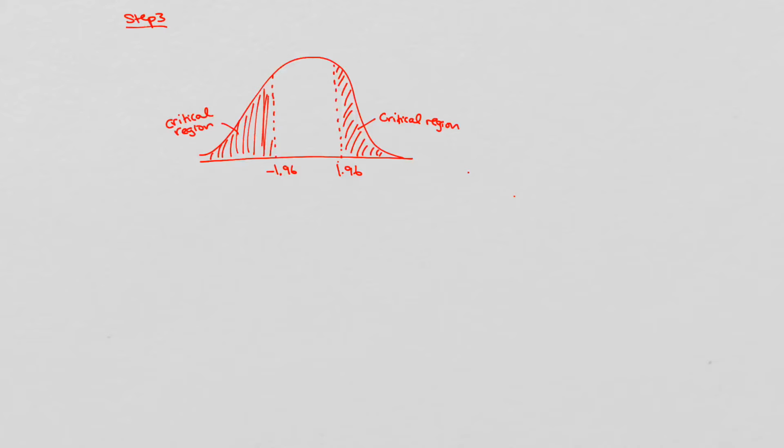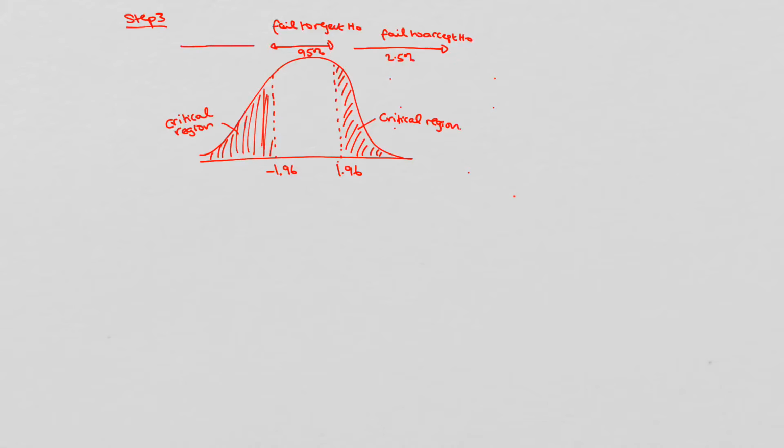Now, if we look between 1.96 and minus 1.96, we would say that we fail to reject H0. This is our 95% of the graph. If we lie beyond this area, then we fail to accept our null hypothesis, and this is our 2.5%.